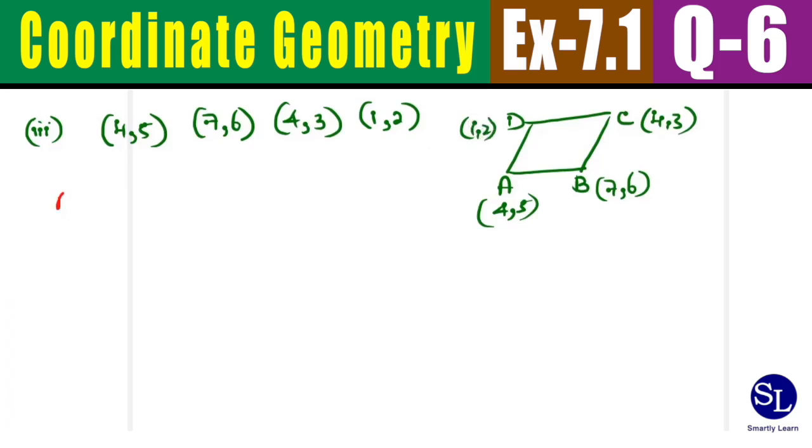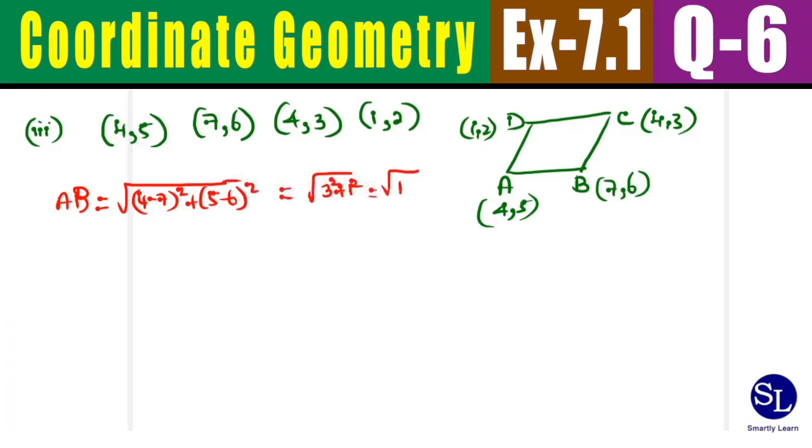Let's start with the distances. AB is equal to the square root of (4-7)² + (5-6)². So this is root of 3 squared plus 1 squared, which is root 10. Now let's compute BC.